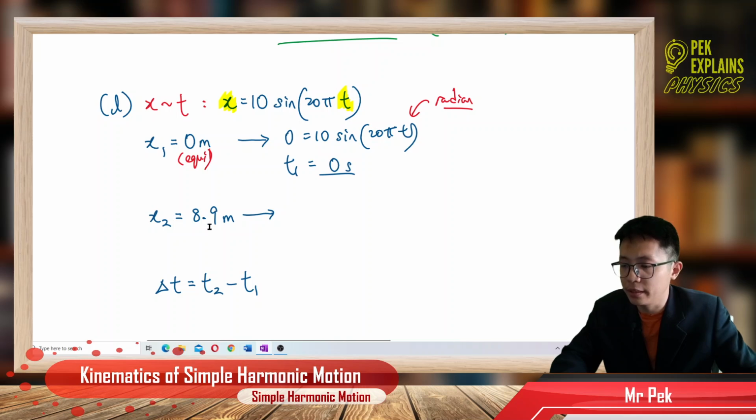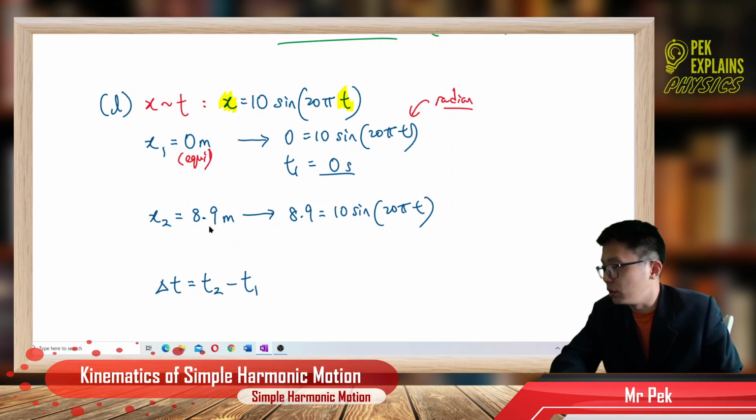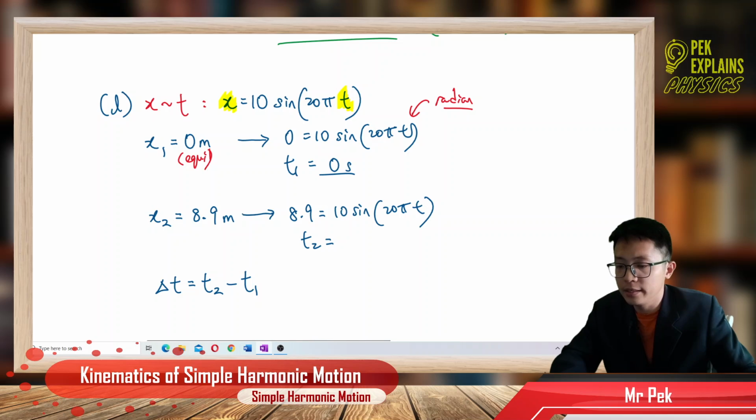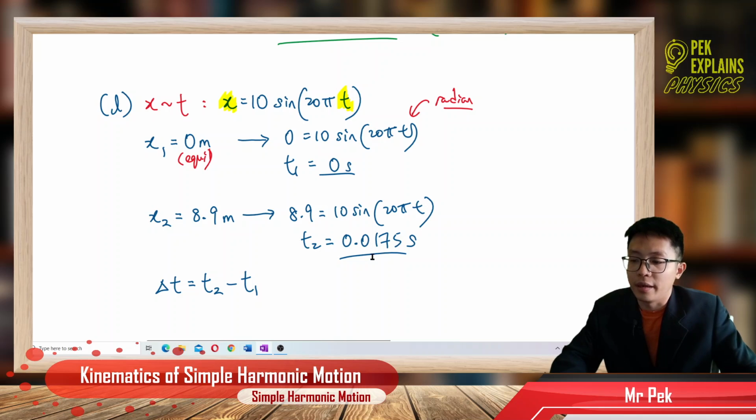Next, displacement 8.9 meter. So 8.9 equals 10 sine 20 pi t. Then we calculate with anti sine, and we get the time 0.0175 second. This is the time at 8.9 meter displacement.